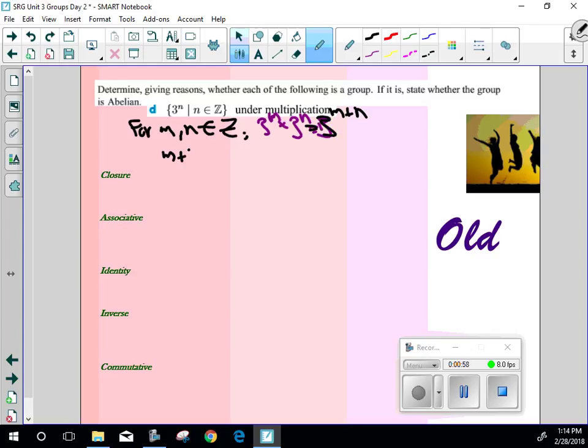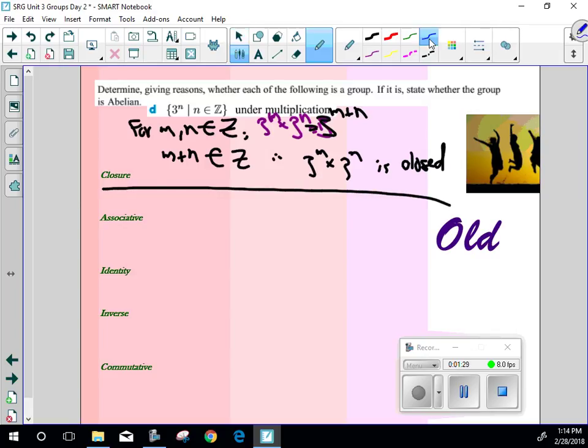M plus n has to be an element of what? If m and n are integers, m plus n are an element of the integers too. Therefore, 3 to the m times 3 to the n is closed. Because 3 to the m is an integer, 3 to the n is an integer, and 3 to the m plus n has to be an integer as well. There we did it. Closure.